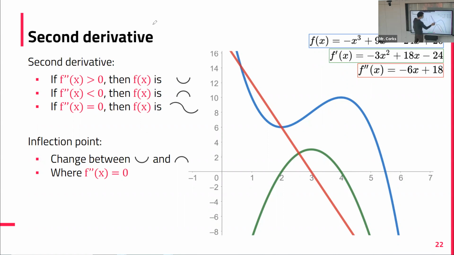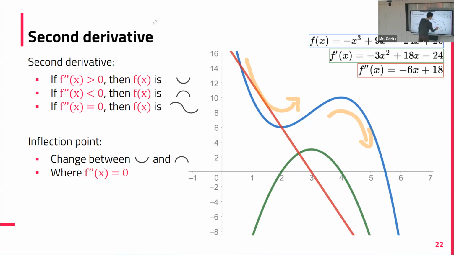The blue one here has this curving up pattern and this curving down pattern. For this part of the graph, it's curving up, or we could think of it as speeding up, if that helps. And then for the second half of the graph, we have this curving down or slowing down pattern. Where does it look like it changes?